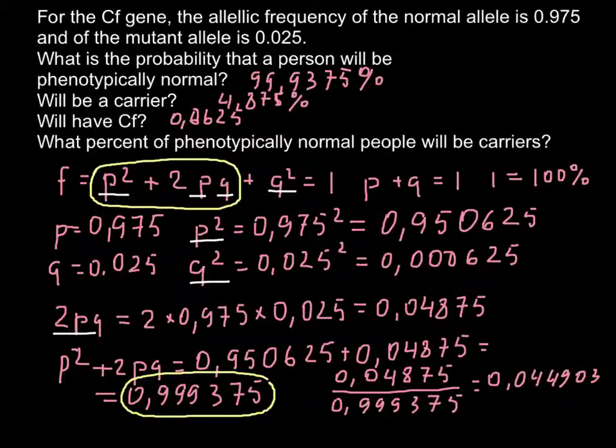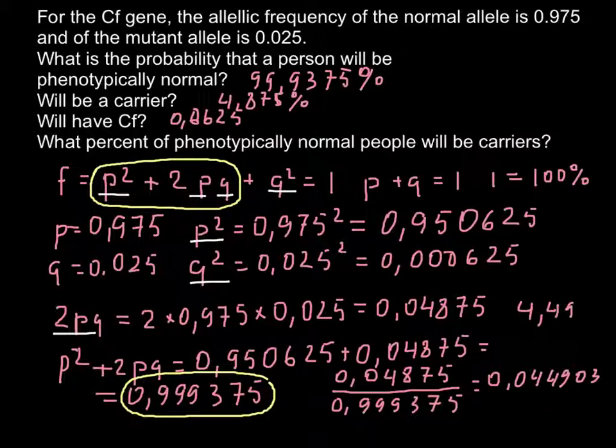Once again, we can move this comma 2 places to the right, and the answer would be 4.49%. You can of course round this number to 4.5%, or to 2 decimal places, 4.49%, or you can use the whole number.